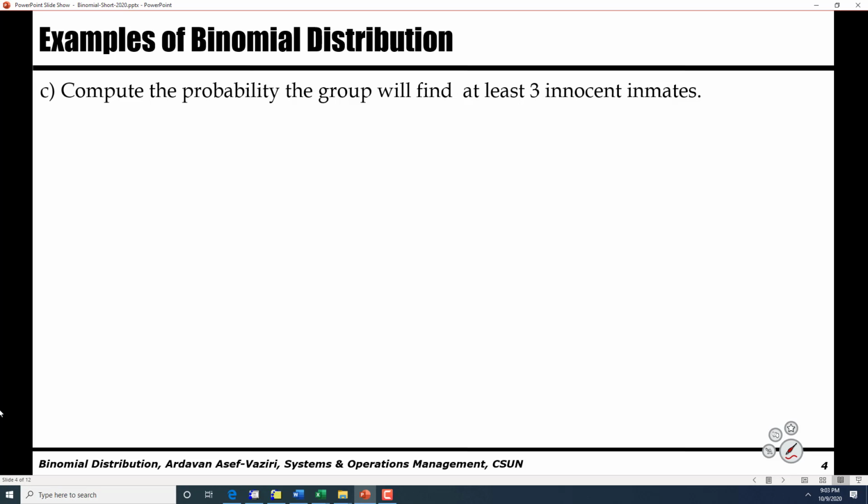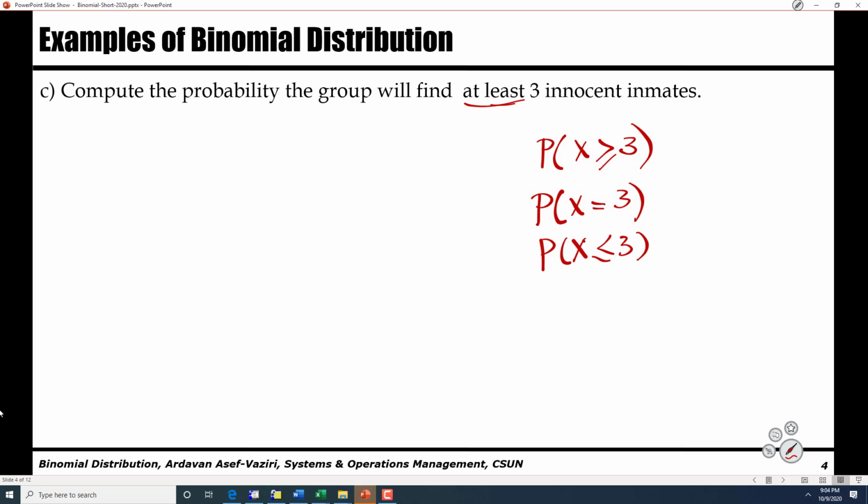Compute the probability of at least 3. At least 3 means probability of x greater than or equal to 3. Excel does not give us this probability. Excel can give us the probability of x equal to 3, and the probability of x less than or equal to 3. It will not give us the probability of x greater than or equal to 3.